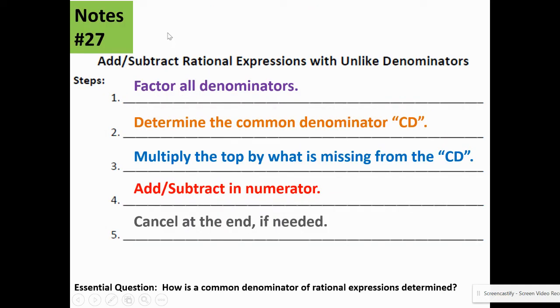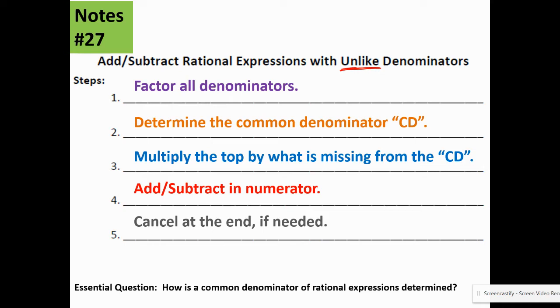So write down notes number 27. Hit pause on the video and copy down your steps. Okay, you should have copied down all of these steps in your notes. For add and subtract with unlike denominators, you're going to factor all the denominators.